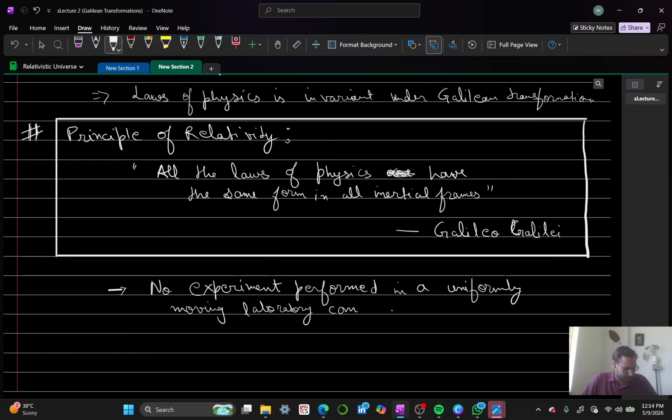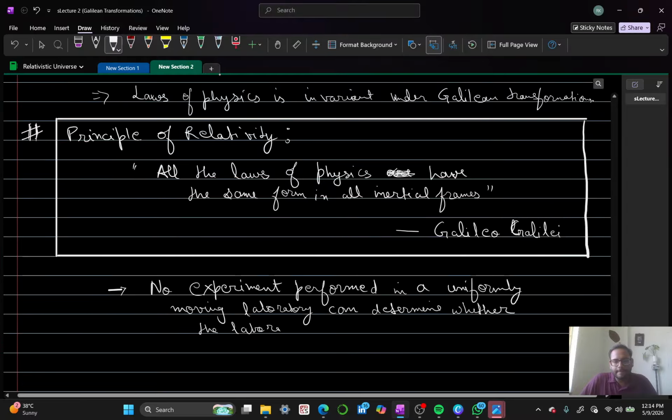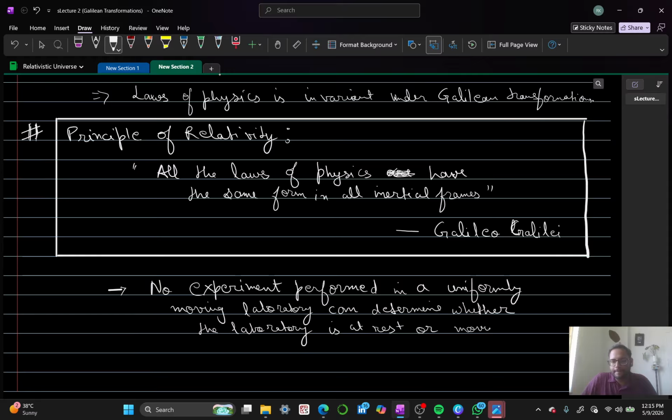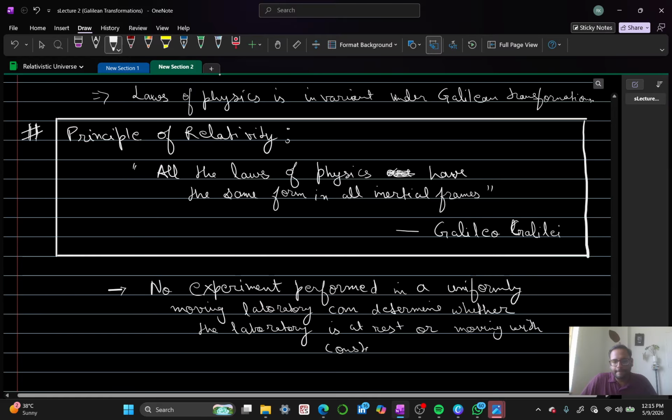No experiment can be performed in a uniformly moving laboratory that can determine whether the laboratory is at rest or moving with a constant velocity. So this is all for now.